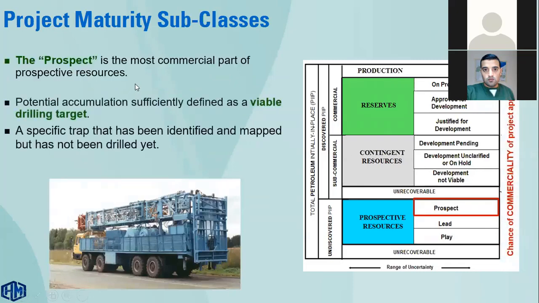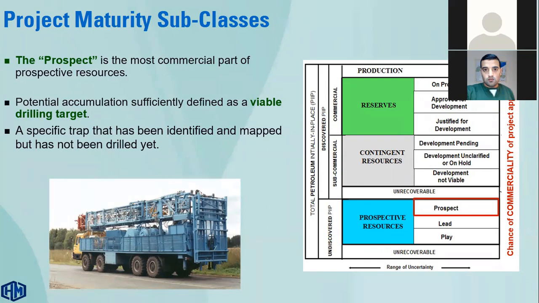We have different project maturity subclasses. You can see we have prospective resources, contingent resources, and reserve. It's important to know the subclasses of the prospective resources: play, lead, and prospect. The most important term in these subclasses is the prospect. Prospect, by definition, is the most mature part of the prospective resources.